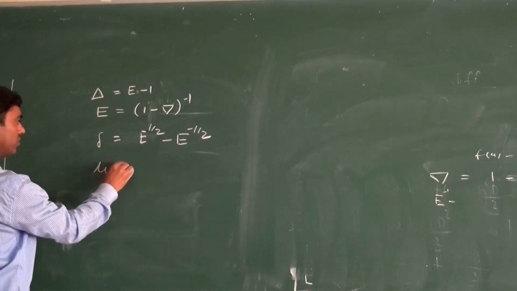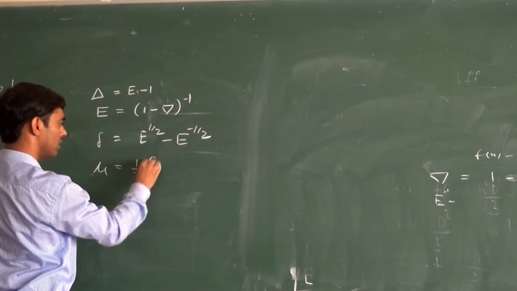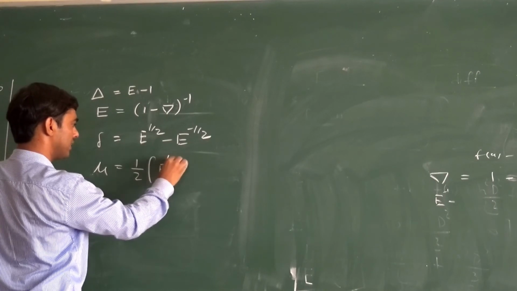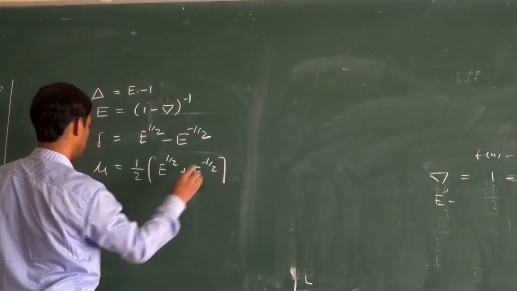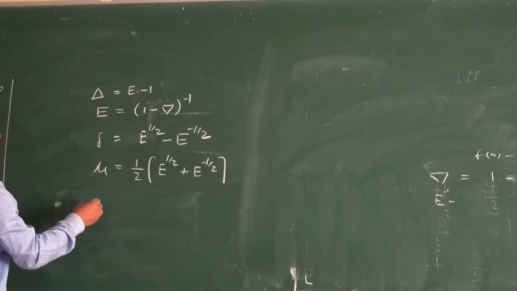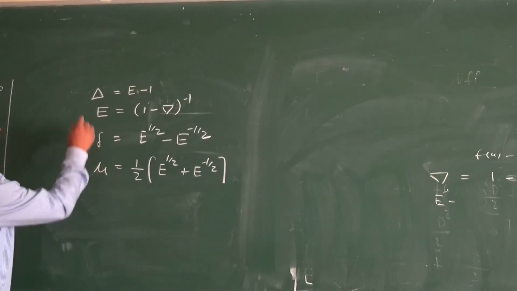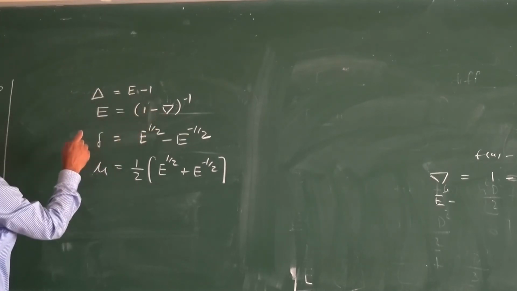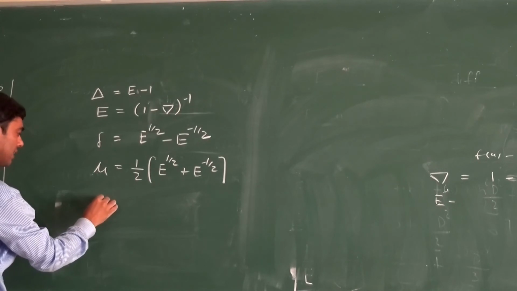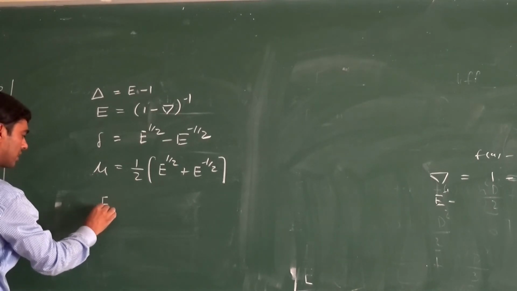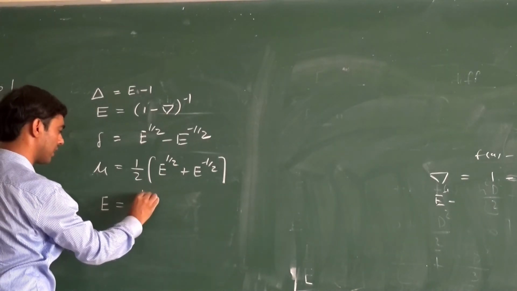The average operator mu equals 1 by 2 times E to the power 1 by 2 plus E to the power minus 1 by 2. Similarly, for the differential operator, E becomes e to the power hD.